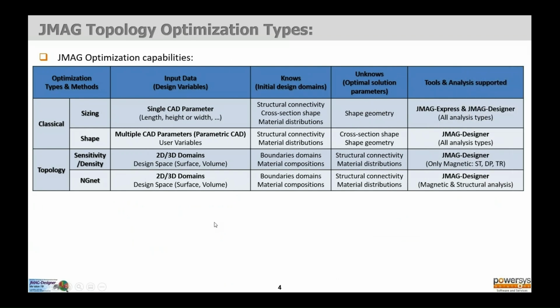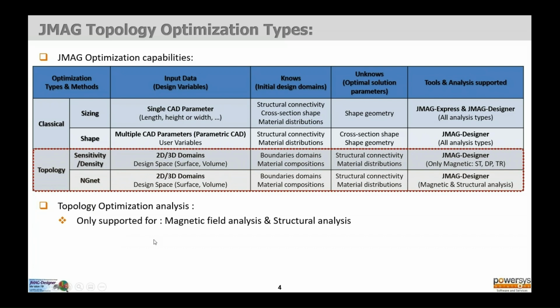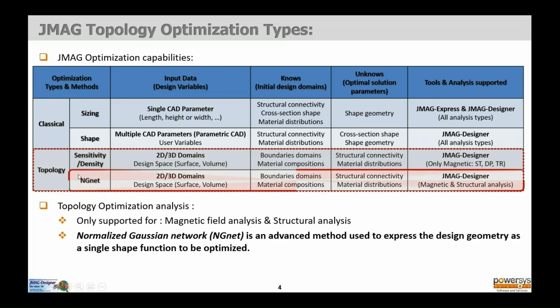Here I will not detail all the optimization types and methods that we have in JMAG, but what I want to explain is that in the topology topic, we have two methods, and today we will focus on the normalized Gaussian network method.